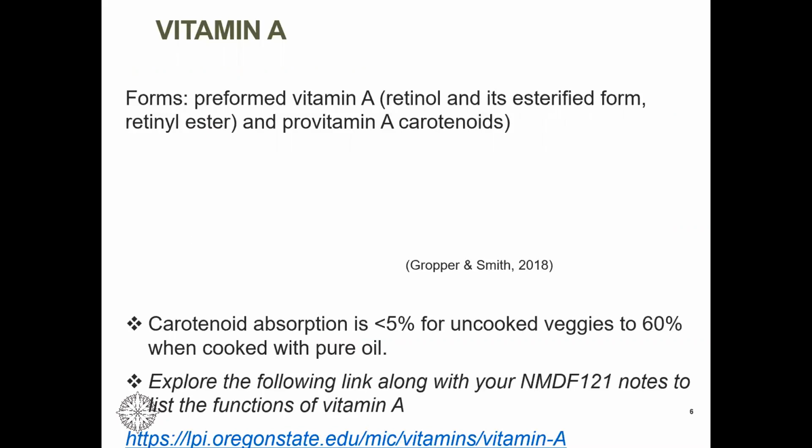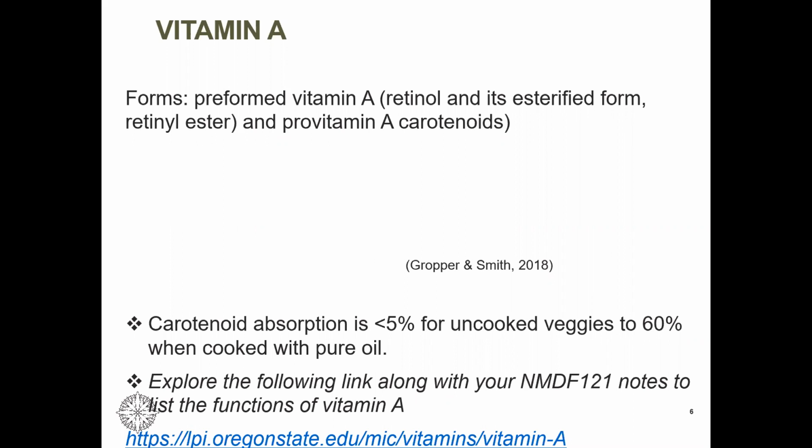Okay, so tell me, what do we know about vitamin A? What are its food sources? What are its functions? Anybody? It's found in liver. Yes, very good.